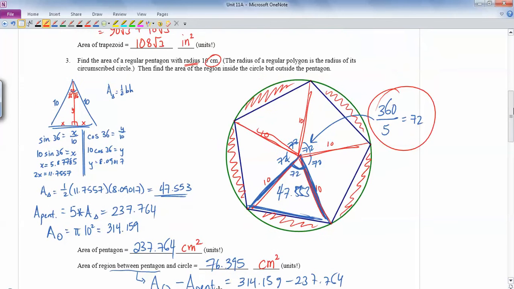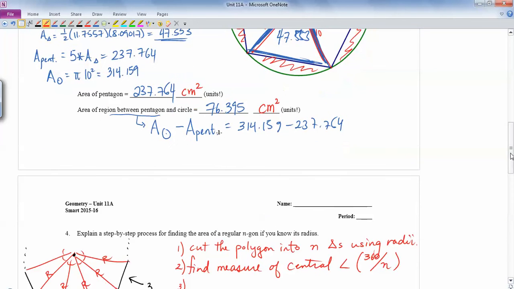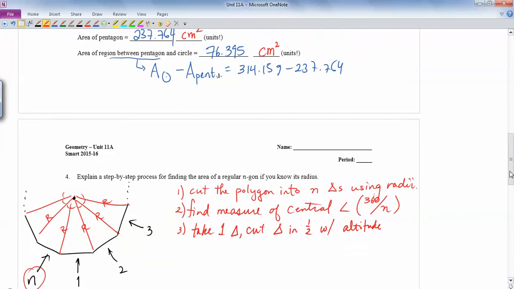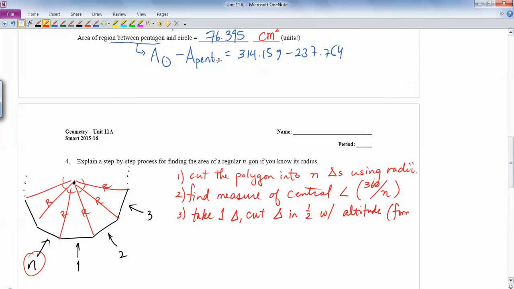Then after we got the angle, we sliced that triangle right down the middle. Right? So take 1 triangle and cut the triangle in half with an altitude. So it forms 2 right triangles.